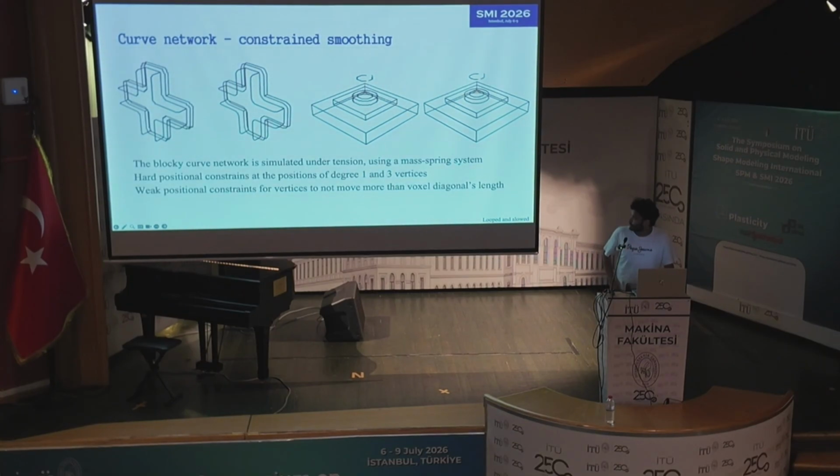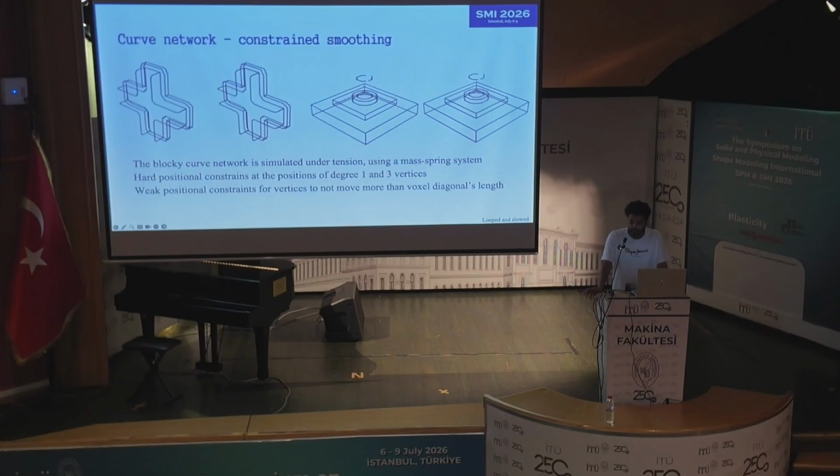As the simulation progresses, the tension forces tend to better align the vertices, creating a smoothing effect. And throughout the simulation process, we constrain the feature extremities. Those are degree 1 and degree 3 vertices. This helps us to preserve the features.